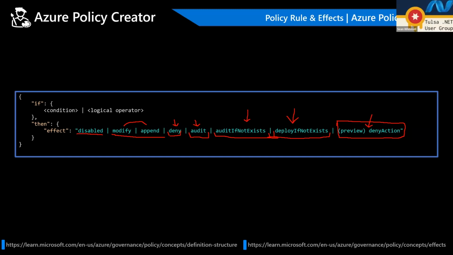Sorry, Sean, go ahead. Yeah, I was going to point out that, because I bring up the point of denying an accidental deletion of our production database, sometimes we may be trying to delete a database that was in a play subscription, maybe in a separate subscription, maybe in a different resource group, right? And we're thinking we're in our little sandbox environment and we go to run our script.